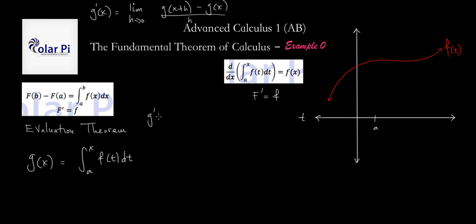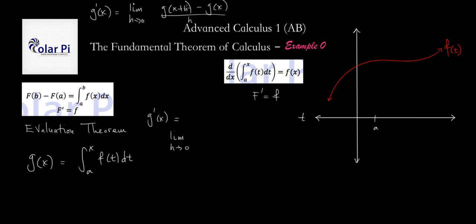So g prime is, by the definition of a derivative, equal to the limit as h goes to 0 of g of x plus h. Well, if this is g of x, what would g of x plus h be? Well, g of x plus h would just require that we replace that there with an x plus h.